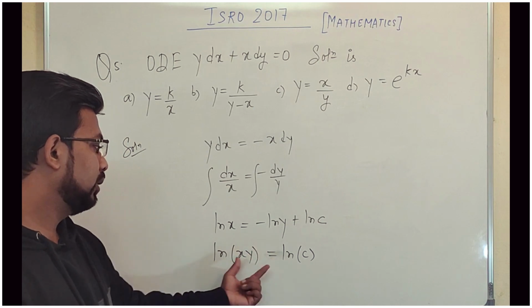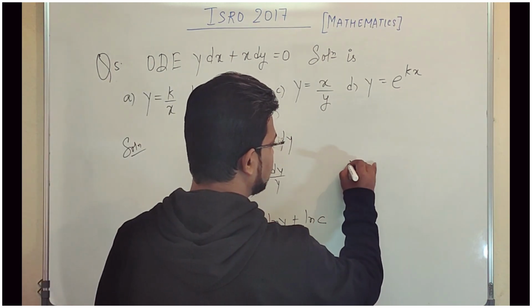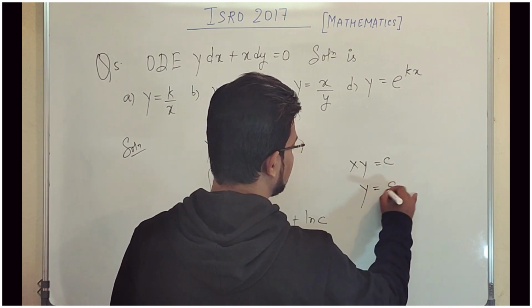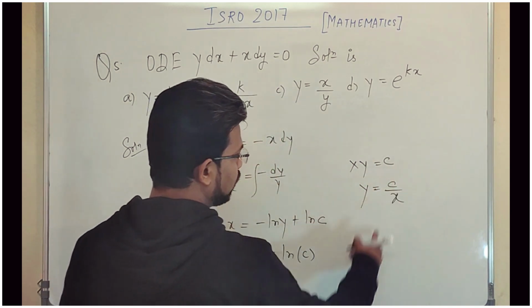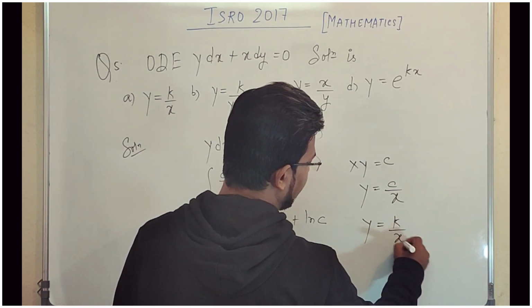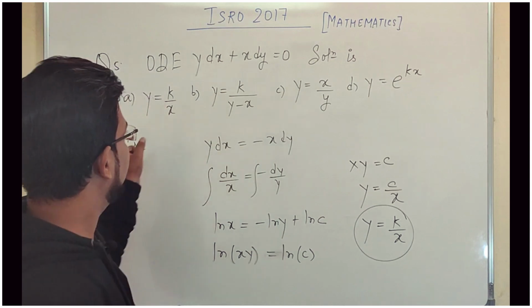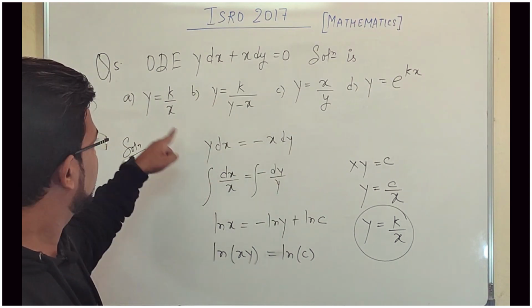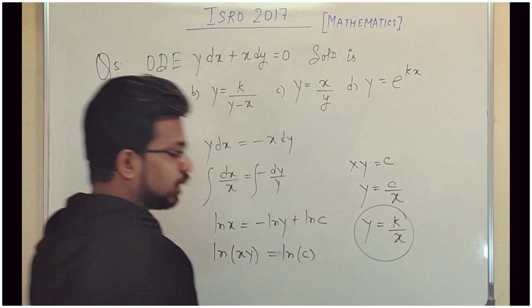Remove the natural logarithm from both sides. We can write xy is equal to c. So y is equal to c by x. C is anything, and for c you can put k. So here I am putting c is equal to k, which is k by x. So y is equal to k by x. Yes, option number A is correct.